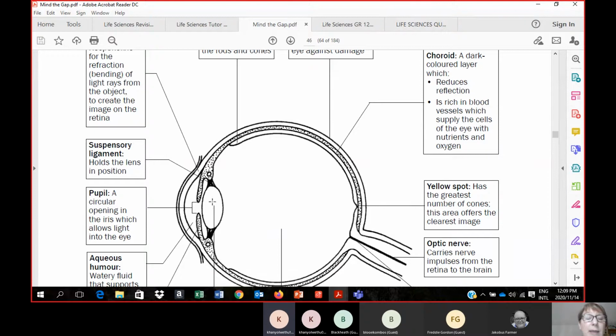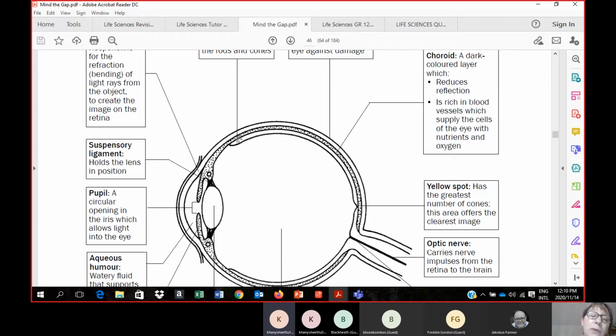And we're going to talk about accommodation a little bit later. So that's the ciliary body, and that's the ciliary muscle. And you can see the little lines over here. These are little suspensory ligaments which hold the lens in place over here.